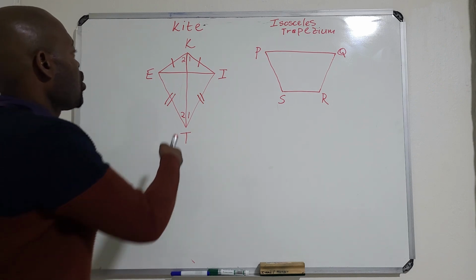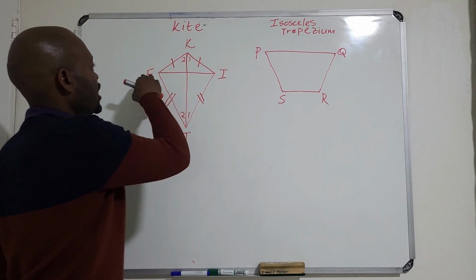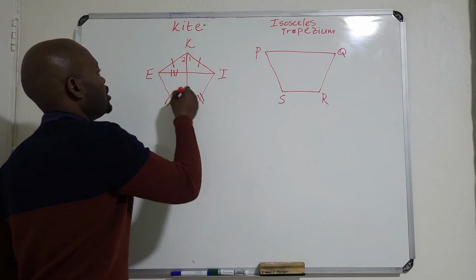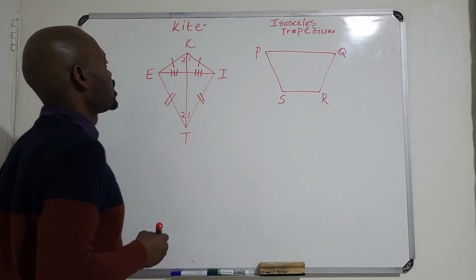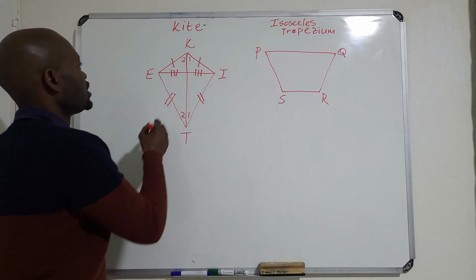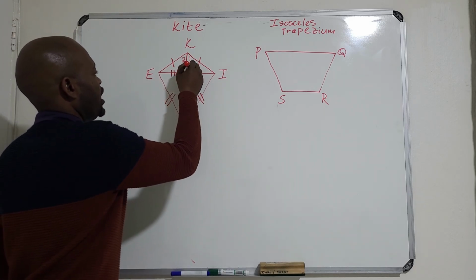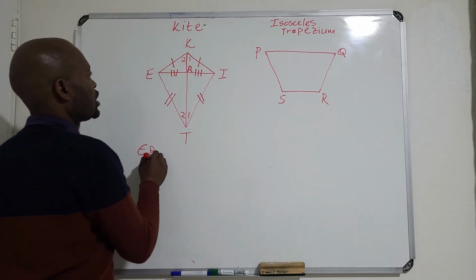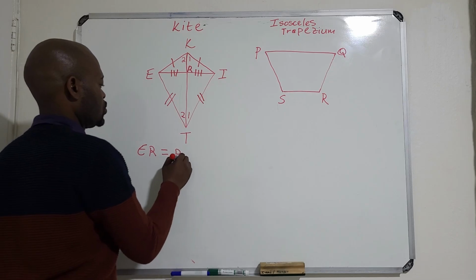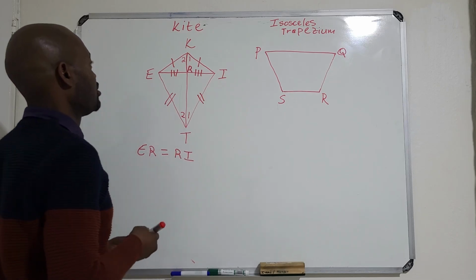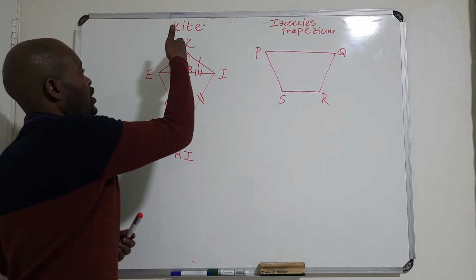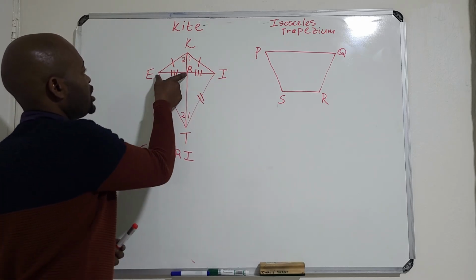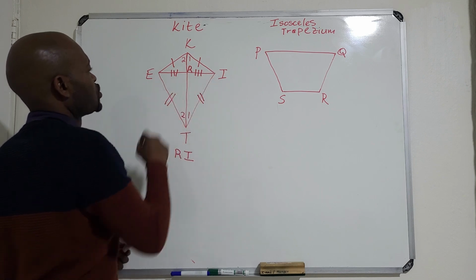Also, the longer diagonal bisects the shorter diagonal, meaning that if I have K, E, R here, it means that ER is equal to RI because the longer diagonal bisects the shorter diagonal, meaning that this length is equal to that length there.